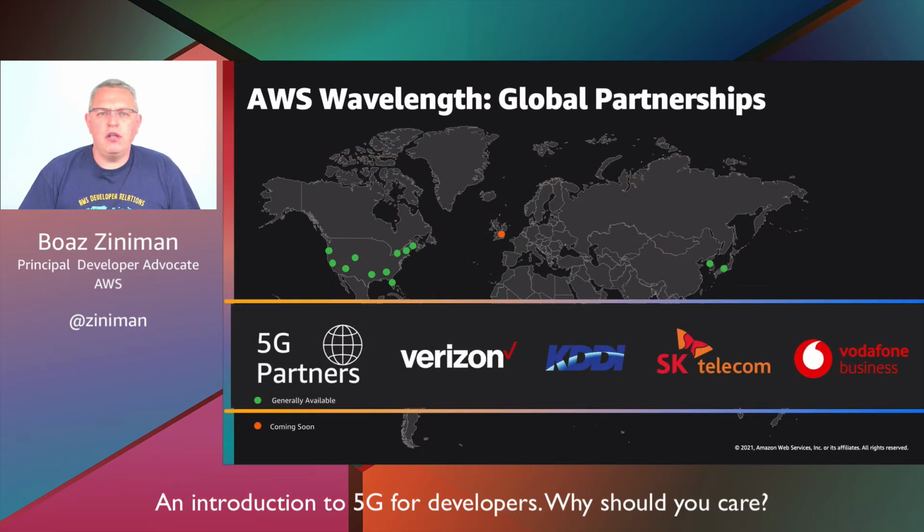Wavelength is available in several locations in North America with our partnership with Verizon, in Japan with KDDI, and South Korea with SK Telecom. We already announced plans to launch in Europe with additional partners, and make sure you check our website to see what is next and what is coming in terms of new zones that you might need for your applications.